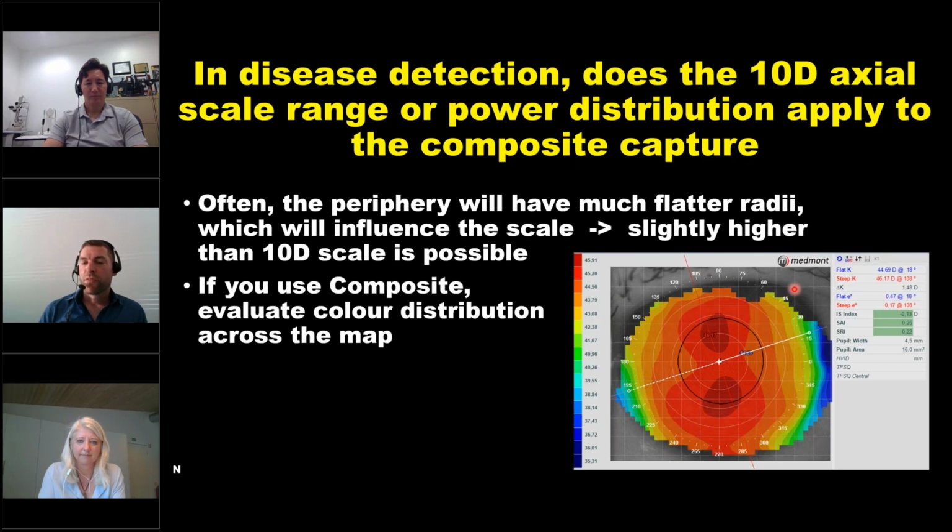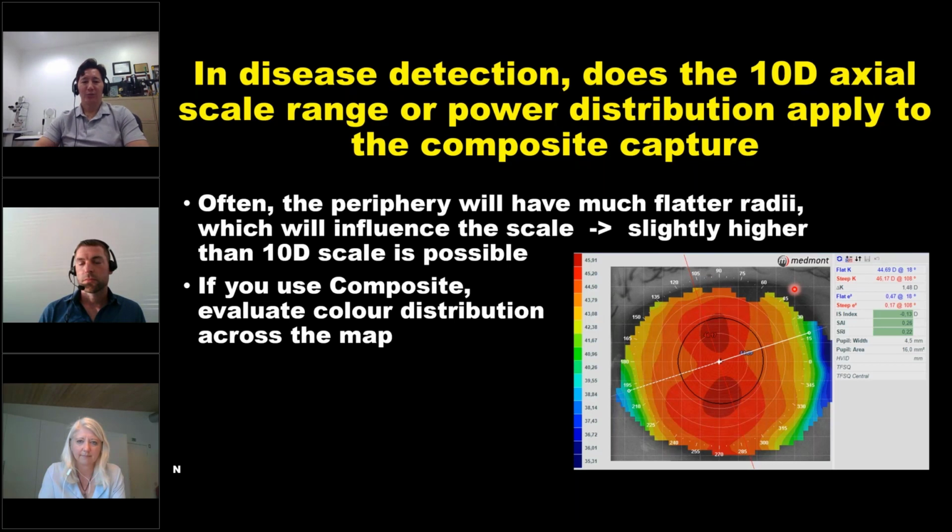So have a look at your scale, but it's not because it's slightly over the 10 diopters that it's a diseased eye. Look at your distribution, look at your normal map. Even if you're using a composite map, you'll often end up around the 10 diopters, sometimes slightly over, but if it's way over, it's also an indication that it's a diseased eye.